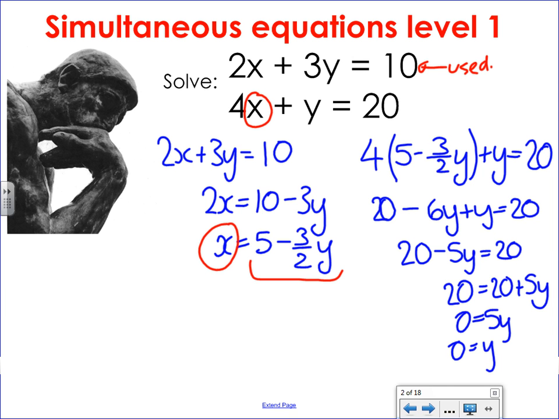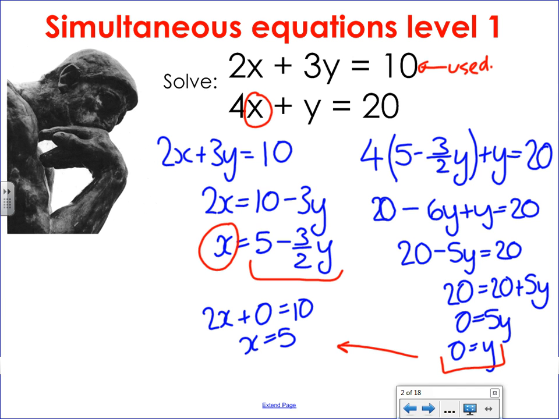Perfect. And then you do exactly the same as you did in the GCSE way. Once you've got one of the answers, you can use either of the equations. Again, if there's an easier one, use the easier one to get the x. So have a look at the two equations, pick whichever one you want. If y is 0, then 2x plus 3 lots of 0 is 10, so x is 5.